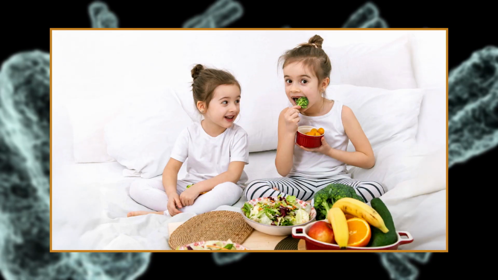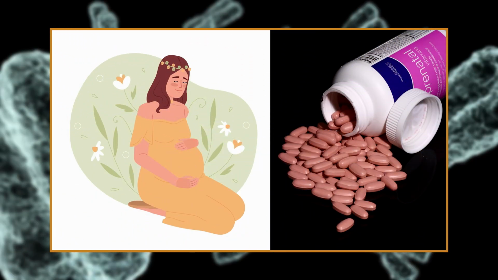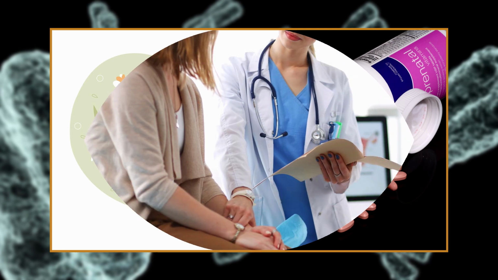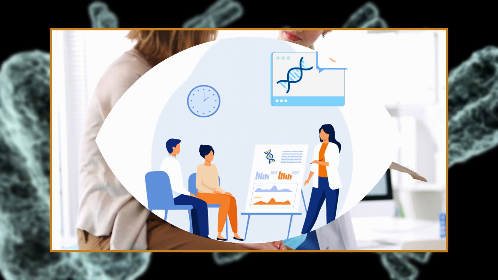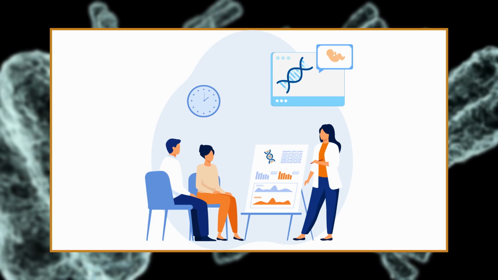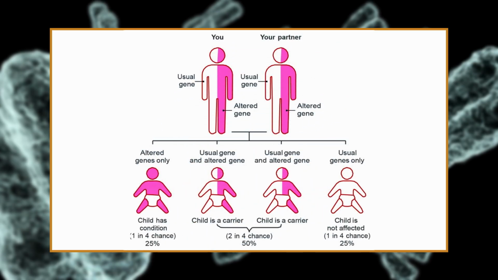By maintaining good nutrition and a balanced diet, avoiding harmful substances like tobacco, alcohol, and drugs, taking prenatal vitamins, especially folic acid, before and during pregnancy, visiting a doctor before conceiving for a health checkup, and getting genetic counseling, especially if there is a family history of genetic disorders.